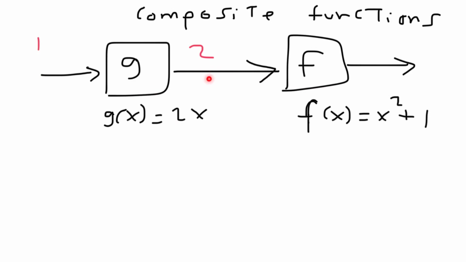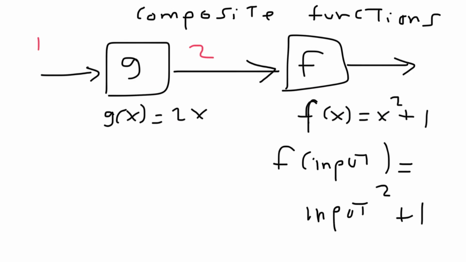Now the output of the g function becomes the input to the f function. And what does the f function do? The input of f is x, then the output is x squared plus 1. You just think about f. What does the f function do to the input anyway? It's basically the input squared plus 1. It just squares the input and then adds 1.